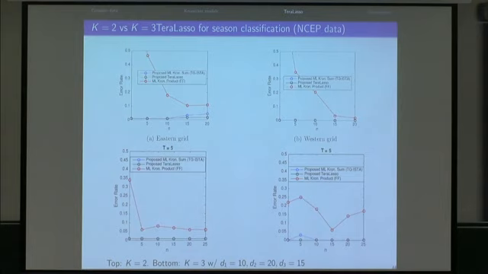Easy problem for most of us, but this is just based on this wind data. If you don't use temporal information, and that's up here in the eastern and western grid, first of all here we have a very accurate classification error rate, even for one sample, as I showed you before.